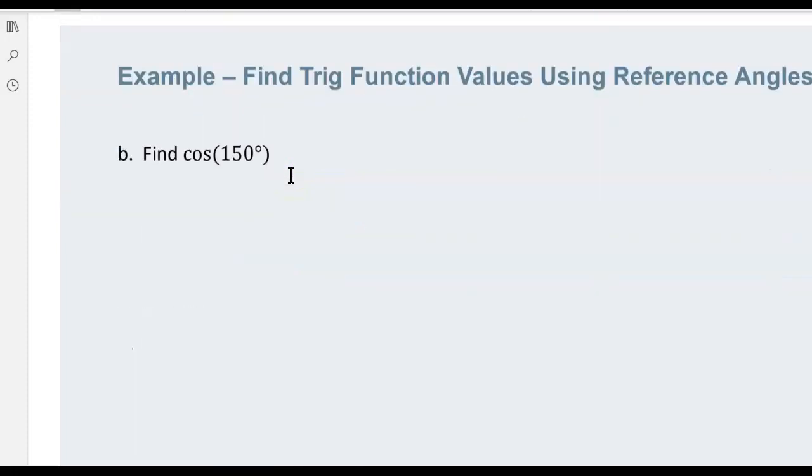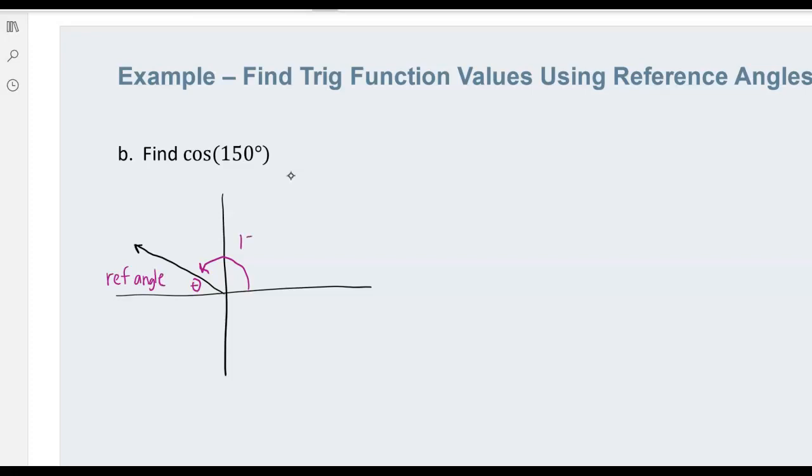All right, second example, cosine of 150 degrees. 150 degrees is going to be in the second quadrant. I think it's going to be about here. This is going to be 150 degrees. And so I'm looking for this little angle here as the reference angle.